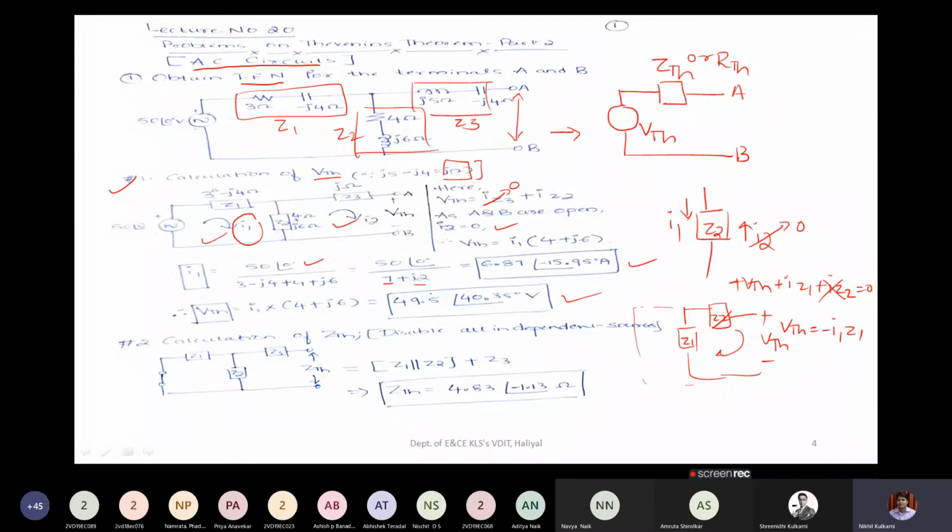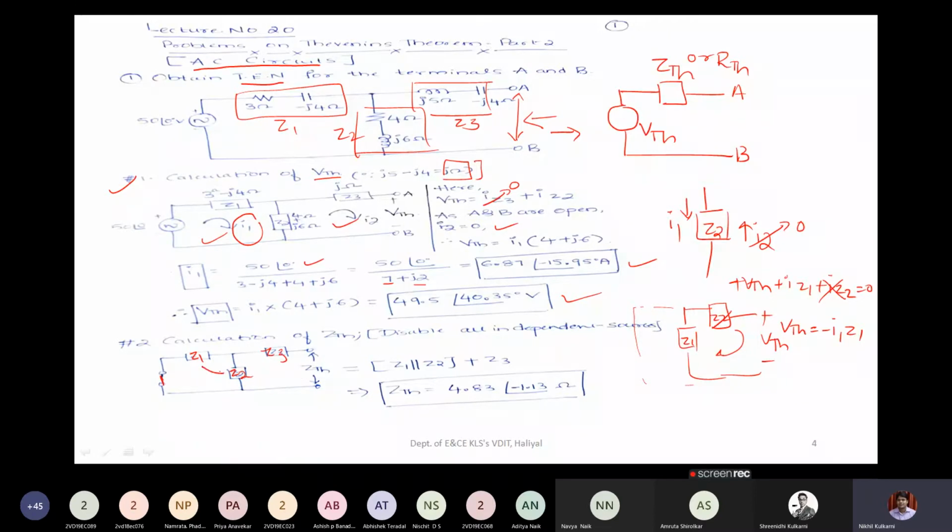Once you find VTH, next is the calculation of ZTH. Again the same thing, you are measuring the impedance across AB by disabling the sources. We have only one independent voltage source, that is shorted now. So what you get is Z1, Z2 here and Z3.